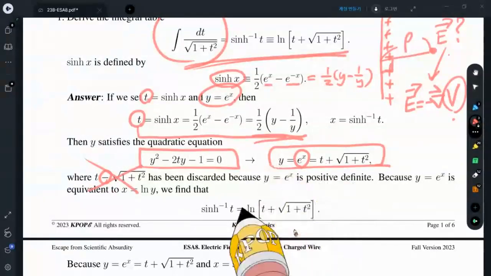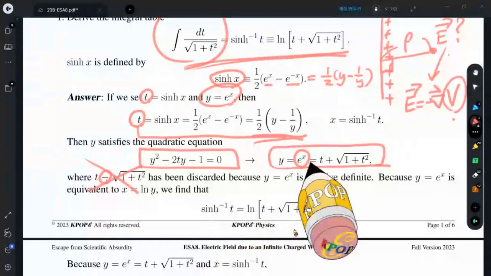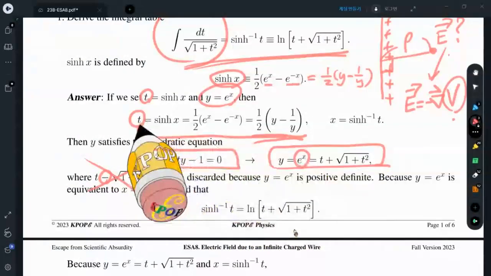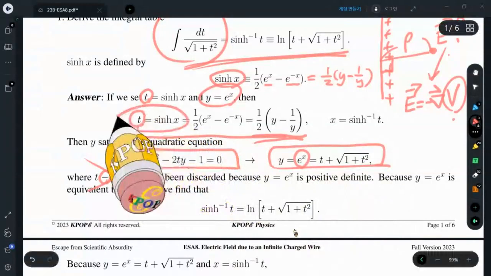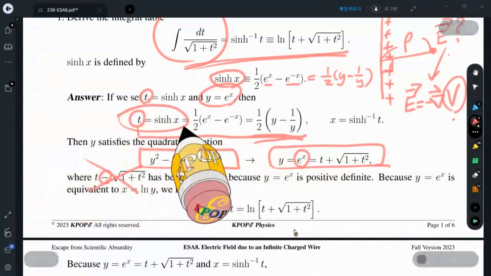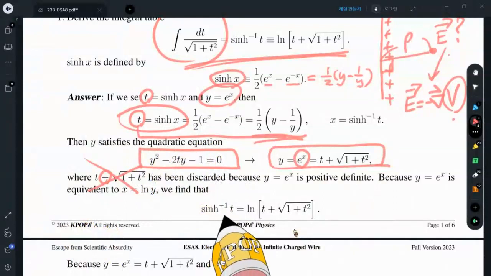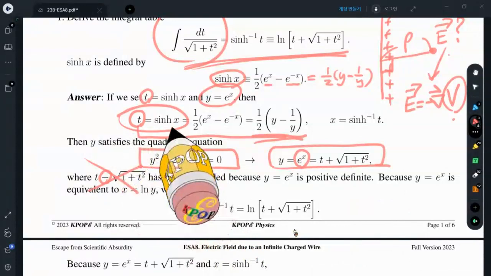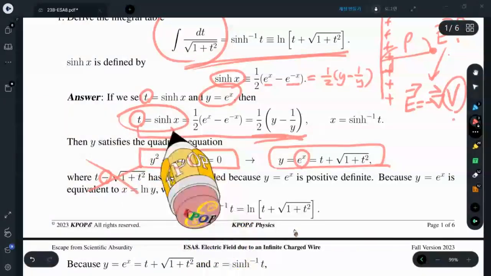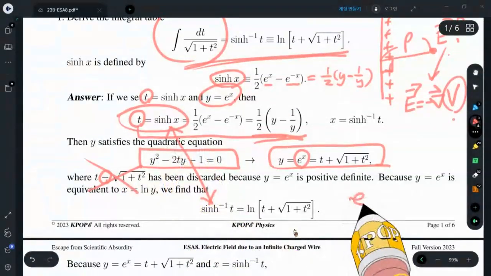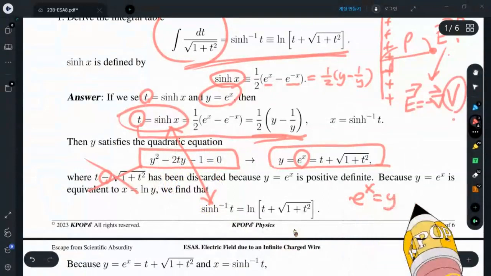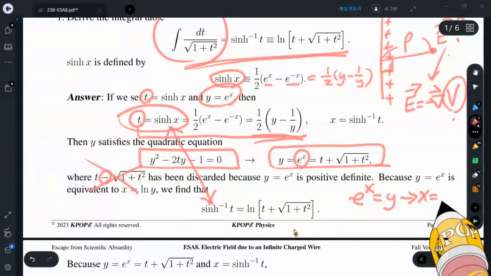This y has an inverse using this relation, t equals sine hyperbolic x. So x equals sine hyperbolic inverse of t. This is the carbon copy, just like exponential x equals y, then x equals log y.